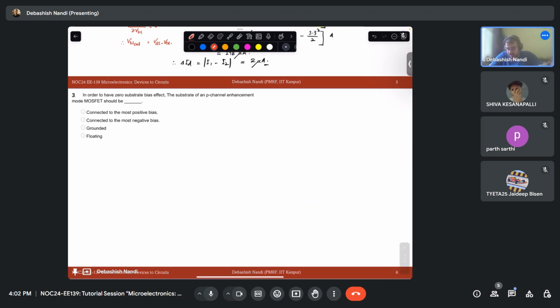Okay. In order to have zero substrate bias effect, the substrate of a p-channel enhancement mode MOSFET should be... So first, let me ask you, what is substrate or body bias effect?